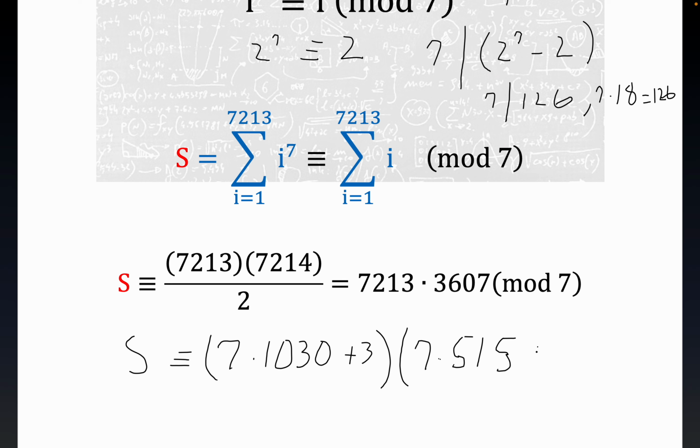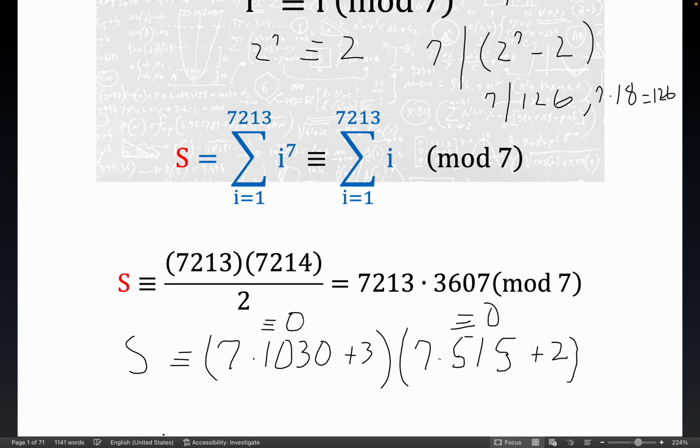So this would be plus 2. So folks, each of these multiples of 7 is congruent to 0 modulo 7, right? Because if you divide a multiple of 7 by 7, you get a remainder of 0. So we have congruent to 0 over here also.